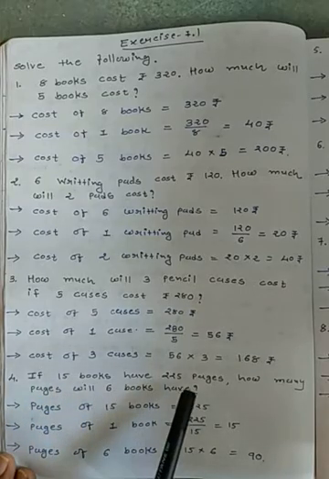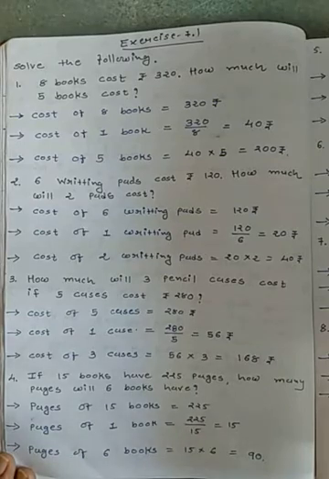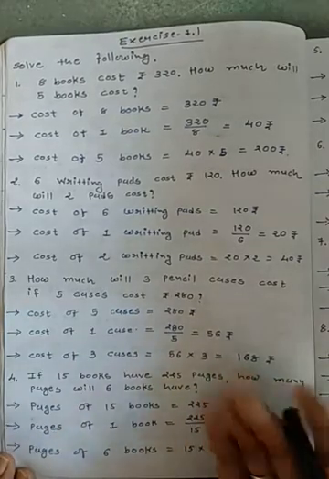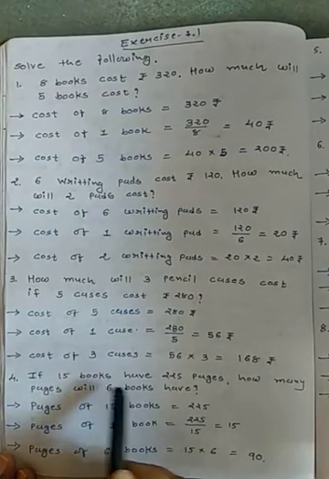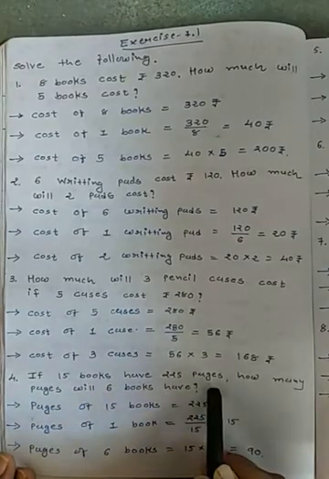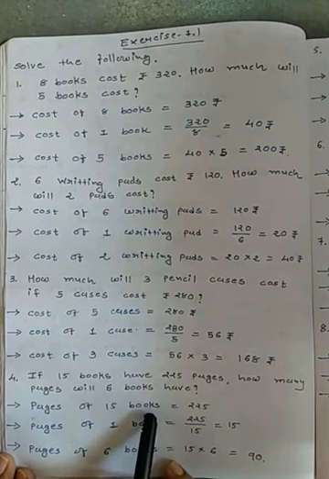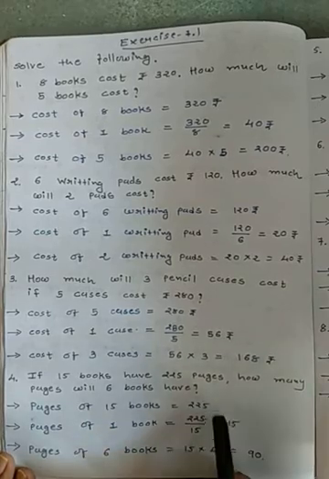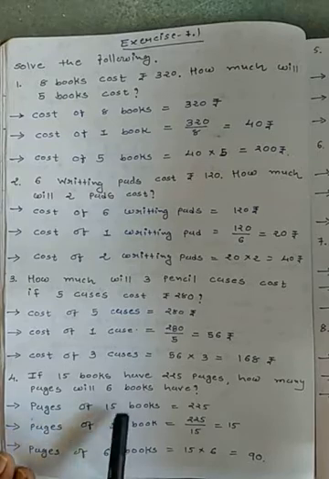Here pages are given, cost is not given. So the method will be the same. In place of cost, we will write pages. 15 books have 225 pages. So the pages of 15 books equal 225. Here we will not write rupees because it is pages. Right?